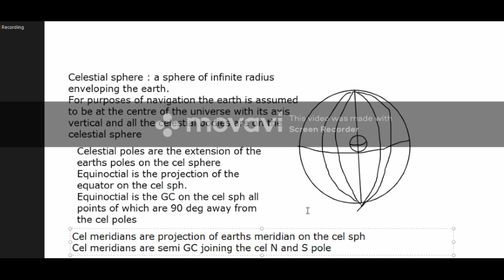That's done. So you got the equinoctial, the meridians, the poles, and the axis. So more or less we got what we had studied for Earth. We have projected it on the celestial sphere, and we came to know that the celestial sphere is nothing but the projection of the Earth.